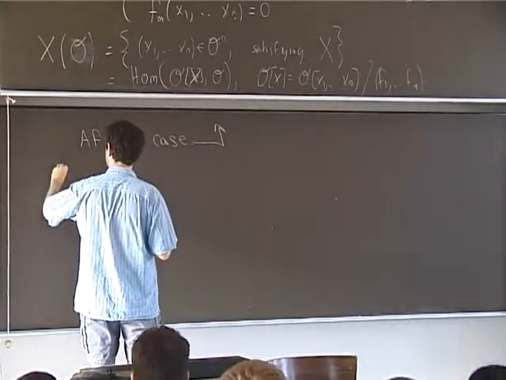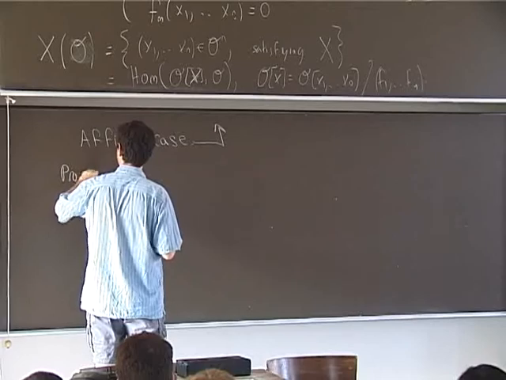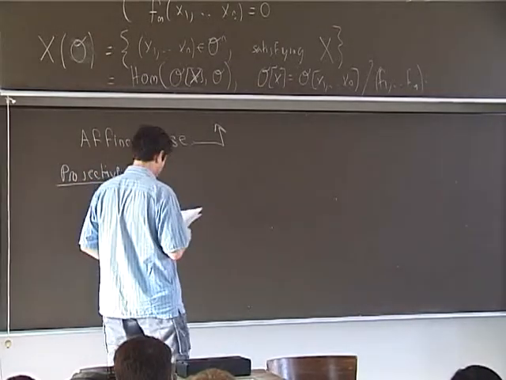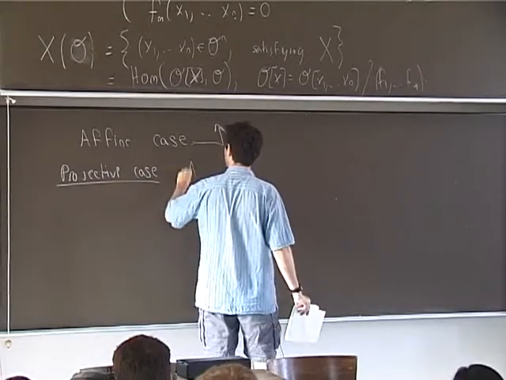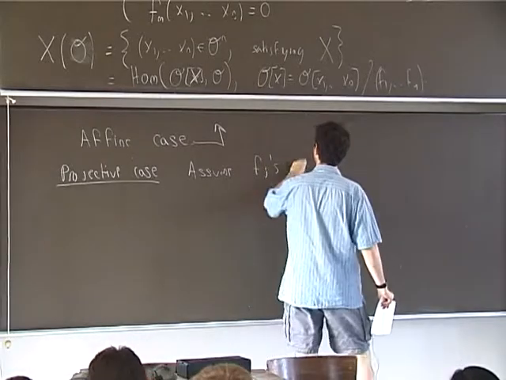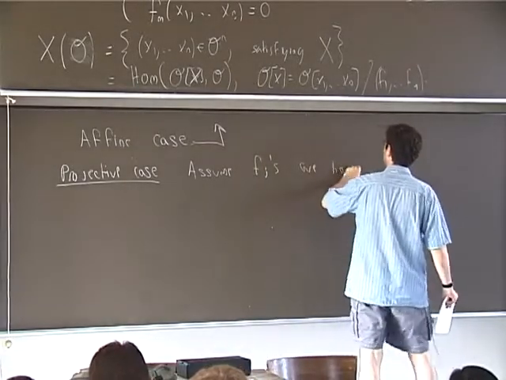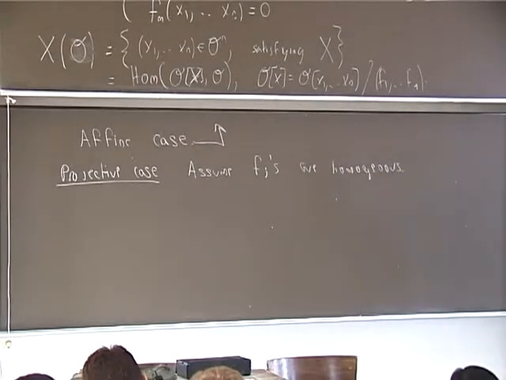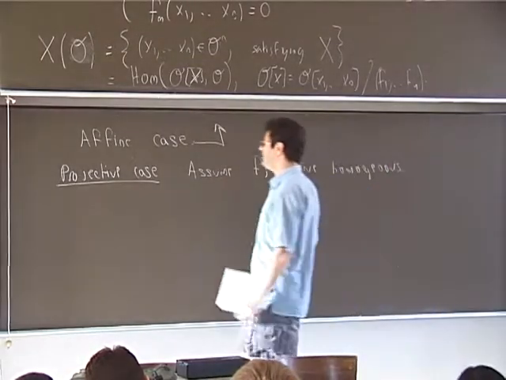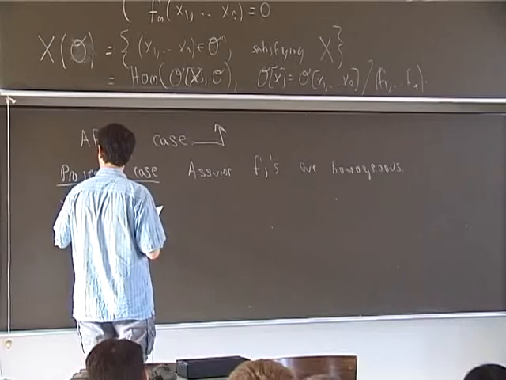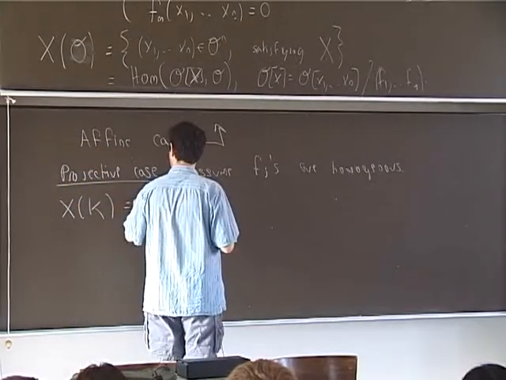We can also consider the projective case, where we suppose that all the polynomials f_j are homogeneous, are sums of monomials of the same total degree. And then in that case, it's customary to write X(k) for the set of solutions.